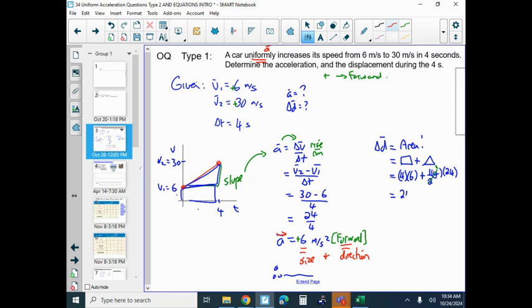This is 24. We'd have 60 and then the 12, so 72, I'd say. Delta D equals 72 meters. And again, same idea, we have positive and forward. Therefore, and so on.